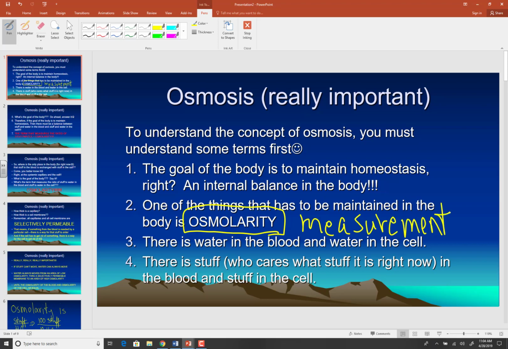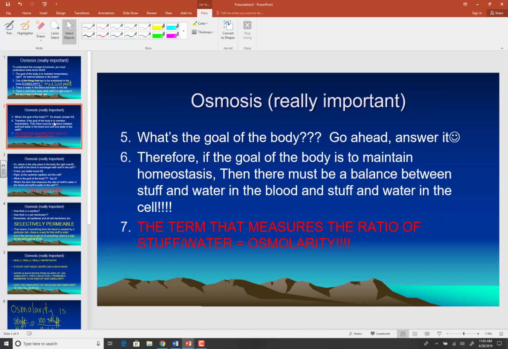And remember that in the blood, you got stuff and water, and inside the cell, you got stuff and water. And again, we don't care about what the stuff is. All we need to know is that there's stuff and water in the blood and stuff and water in the cell. And remember, what's the goal of the body?